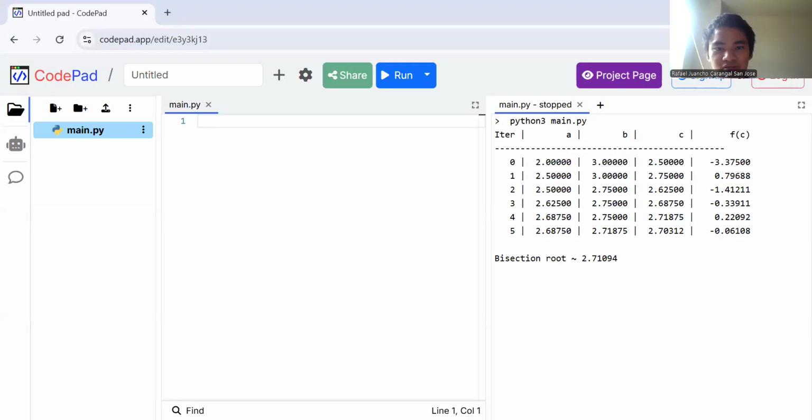Here I'm going to import a library called math just to make my life easier. And I'm going to define the Newton method. I'm just going to call it Newton, it doesn't matter. You can call it anything in coding.